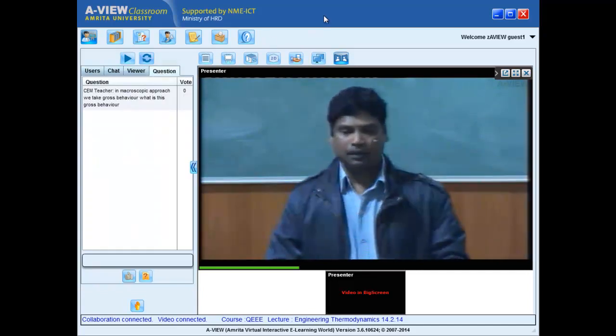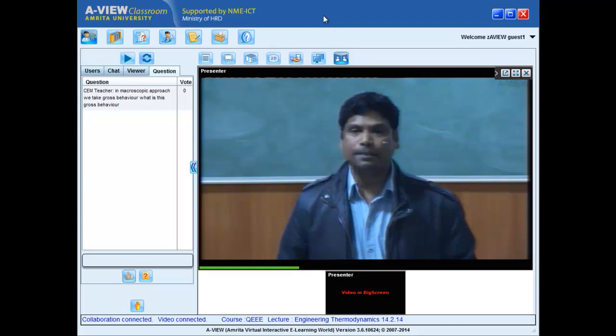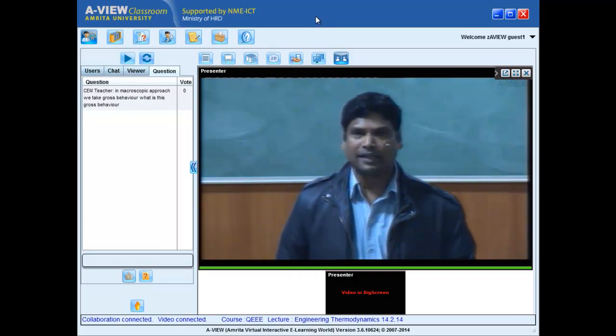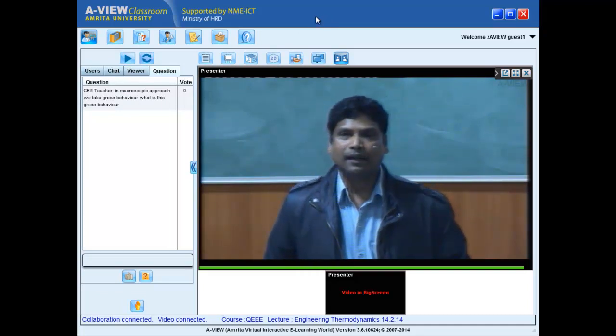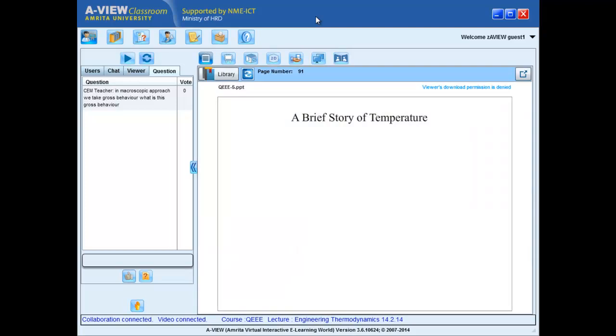Yeah. So the gross behavior, let me give you an example. We say the pressure is 1 Pascal or 1 kilopascal. What is actually happening is the molecules of a gas are continuously hitting the wall of a container, and 1 kilopascal is due to so many molecules colliding with the wall per unit time.